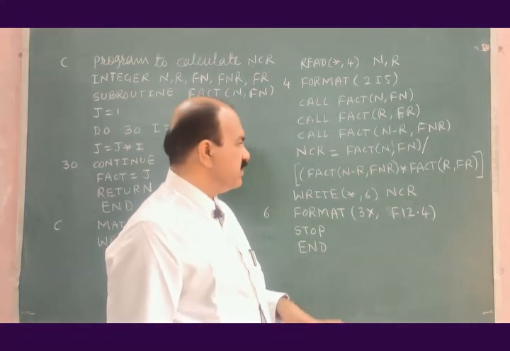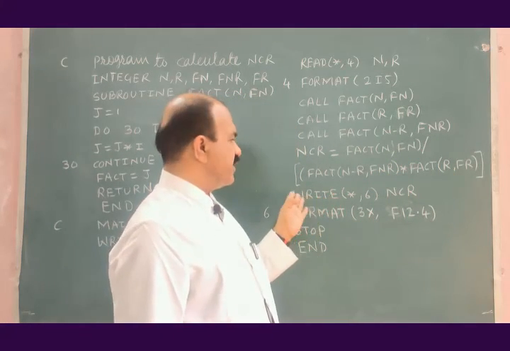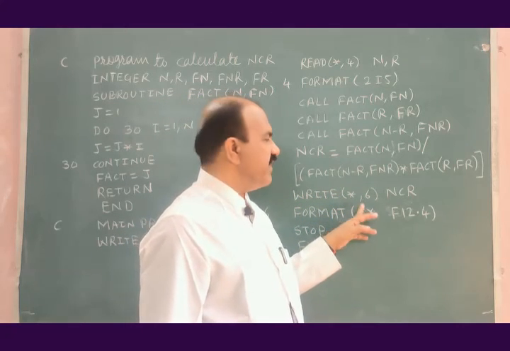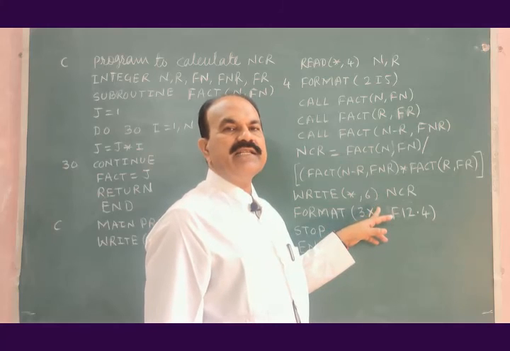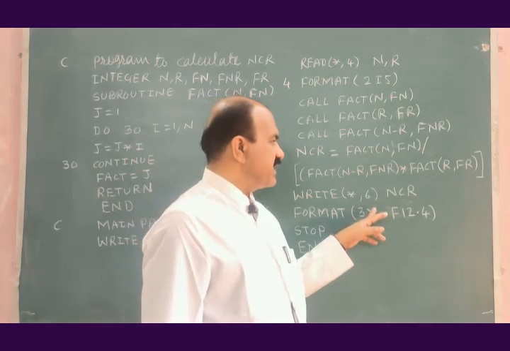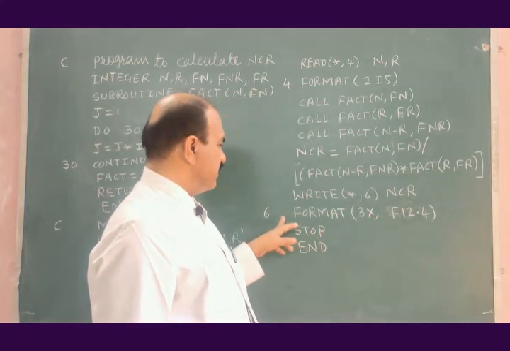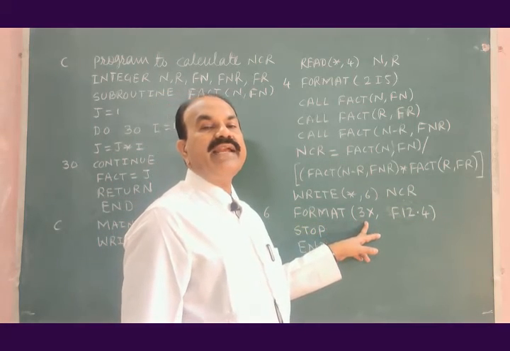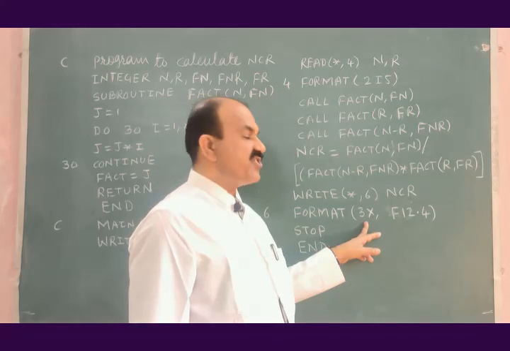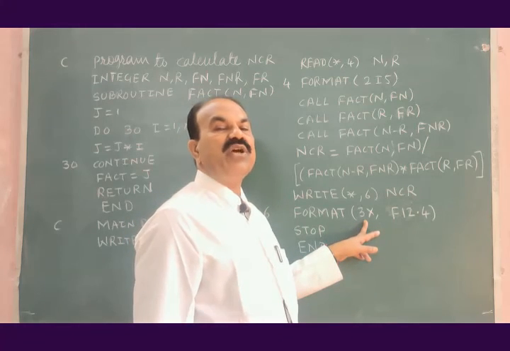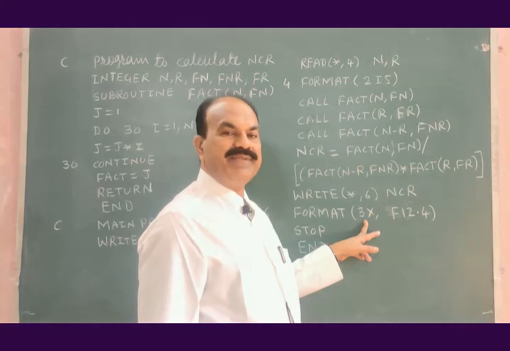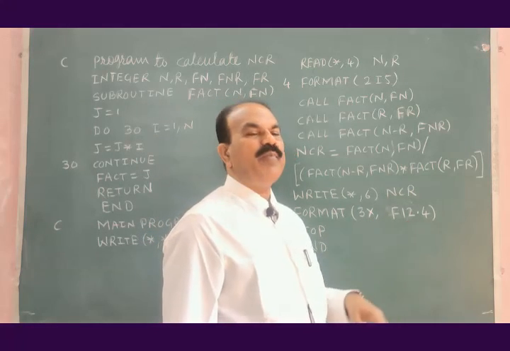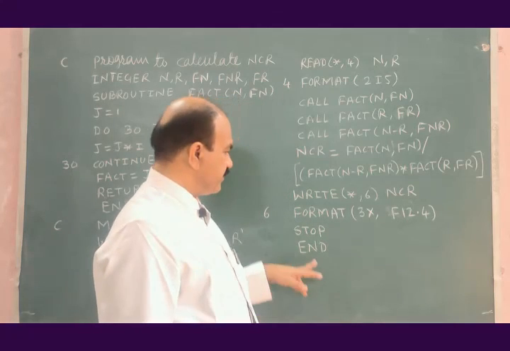NCR is found. Then just print this. Write asterisk, the default output device, comma 6, the line number of the format statement NCR. This is format statement. While printing the value of NCR, 3 columns are skipped, kept blank, and after that the value of NCR is written in the form of F12.4.